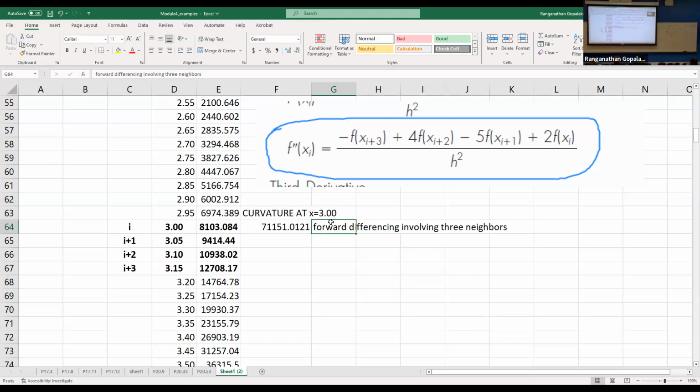I want you to do again backward differencing involving three neighbors. That is, pick out the formula with which you can get the same quantity, but in the backward differencing method, which involves three neighbors. So those neighbors would be I minus 1, I minus 2, and I minus 3. So this will be backward.